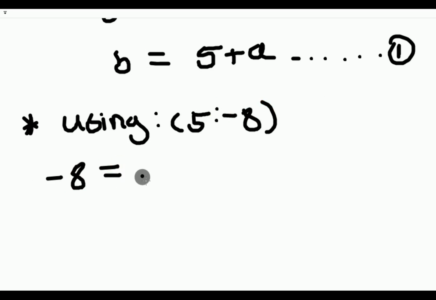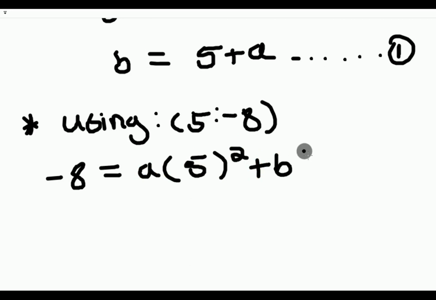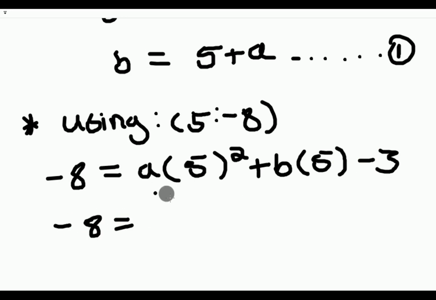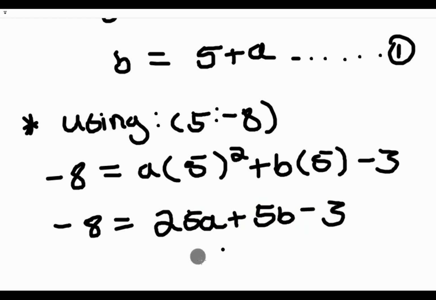We are applying the same method that we used to find equation 1, substituting. So here will be a times 5 squared plus b multiplied by 5 minus 3. So here we're going to have minus 8 is equal to, then here is going to be 25a plus 5b minus 3.